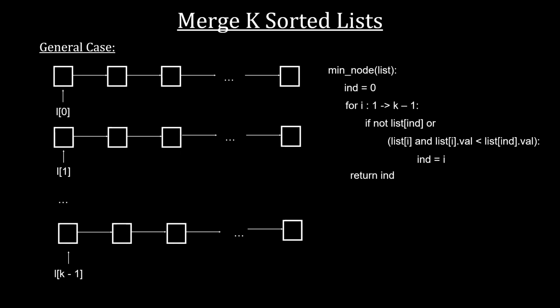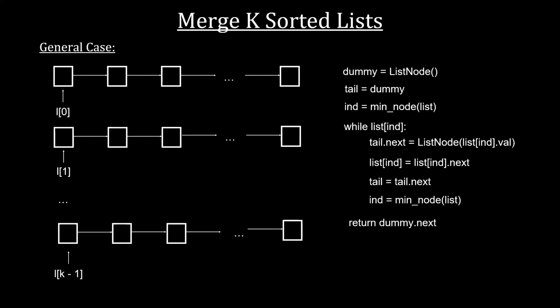And we check if list of index is null, or maybe it's not null, and also list of I is not null, and the value of list of I is less than the value of list of index, then index becomes I. And when the for loop terminates, we return index. And as you can see, we iterate through all the k nodes in list, so the time complexity of each function call is big O of k.